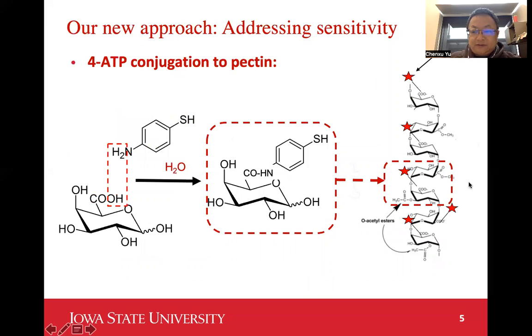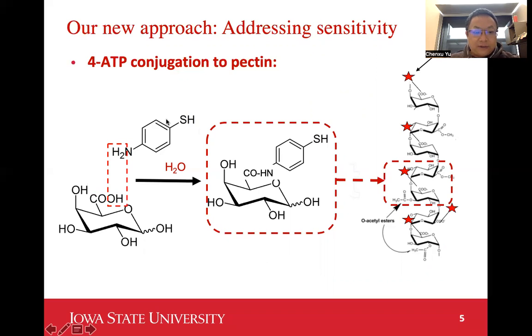So the first thing is we developed a chemical labeling technique to label specific polysaccharide species, that is the pectin species in plant cells, with a strong Raman scatterer called 4-ATP, 4-aminothiophenol, this guy here.